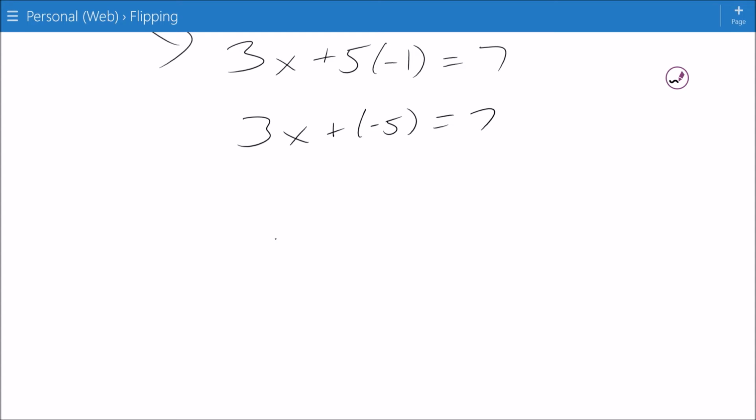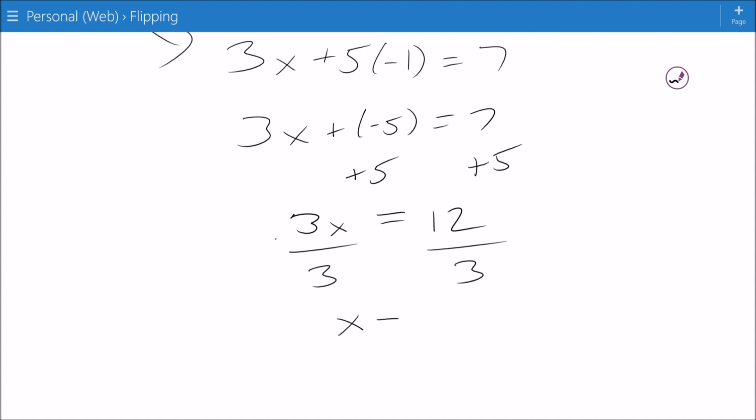I want to get 3x by itself. How can I do that? Add 5. 3x is equal to 12. We want x by itself. Divide by 3, x equals 4.